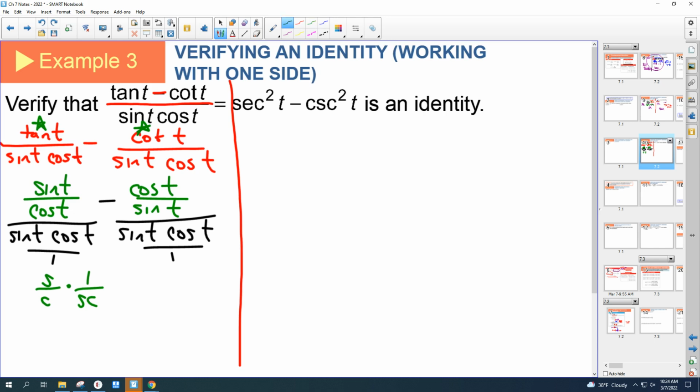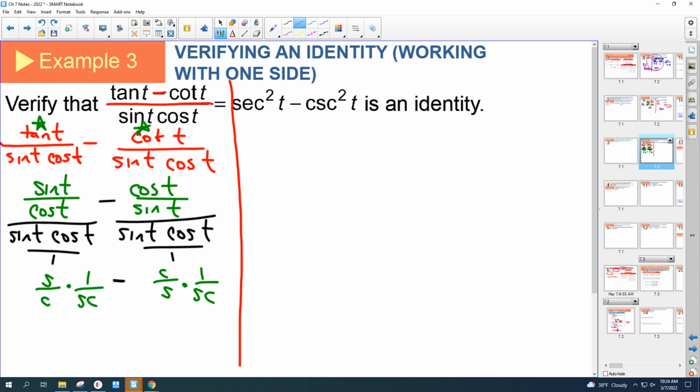And then I'm going to have this minus sign, and I'll do the same thing on the second fraction. I've got cosine over sine, and I multiply by the reciprocal 1 over sine cosine. I just abbreviated. I took the trig completely out of the thing, and I'm only looking at the algebra. I take a fraction, and I'm going to multiply by the reciprocal.